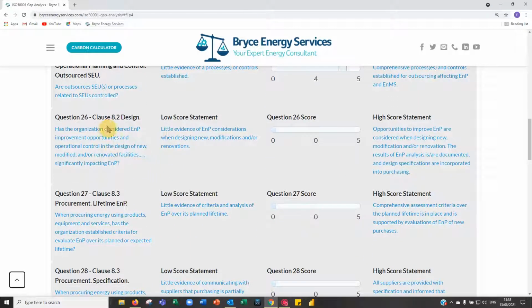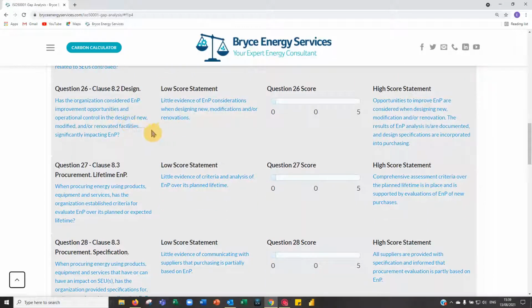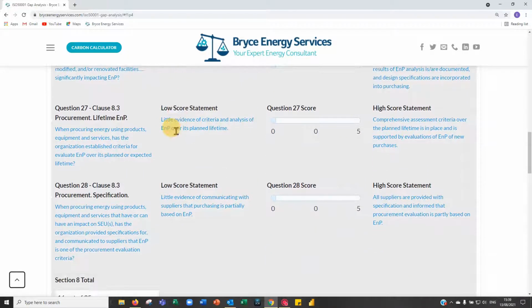Anyway, clause 8.2, design. Are you designing with energy efficiency in mind? Clause 8.3, lifetime energy performance. So when procuring energy products, are you looking at the lifetime energy use of that product? So high score, comprehensive assessment criteria over lifetime planned.